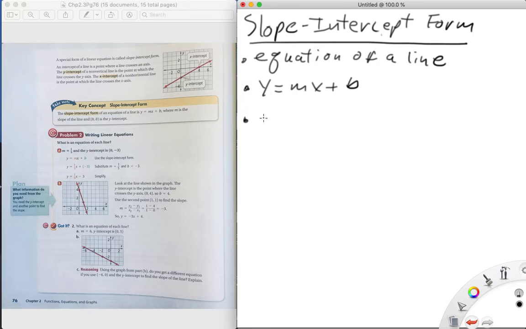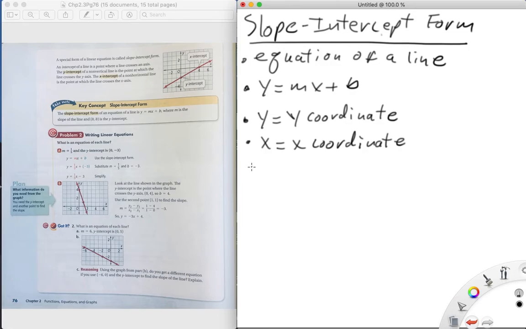This is where y is the y-coordinate, x is the x-coordinate, m is your slope, and b is your y-intercept.